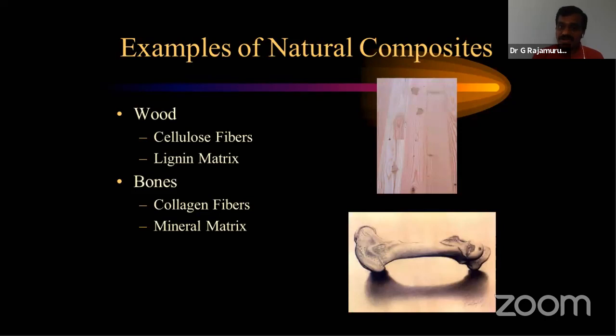So what are the different types of natural composites? A simple natural composite is wood. It has cellulose fiber and a lignin matrix. I'm not going to explain in depth because it comes under fiber matrix composite. And bone is again a type of composite. It has a mineral matrix and some collagen fibers also, right?